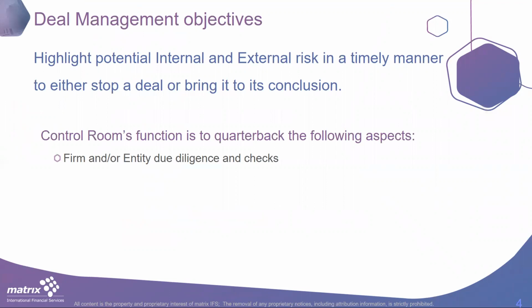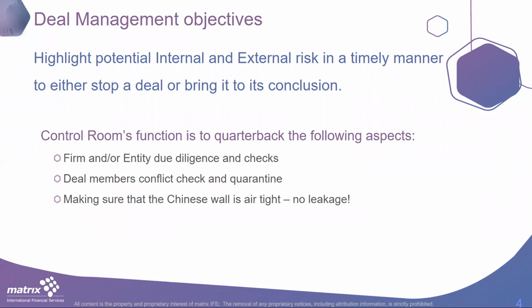So first of all, doing all the firm and entity due diligence and checks. We're talking about the firms and entities that are participants on the deal, as well as doing the conflict checks and quarantine over the wall for different deal members that are brought in from different departments. Making sure, obviously, that this Chinese wall is airtight, that there is no leakage of NPI, of non-public information that surrounds any kind of deal.